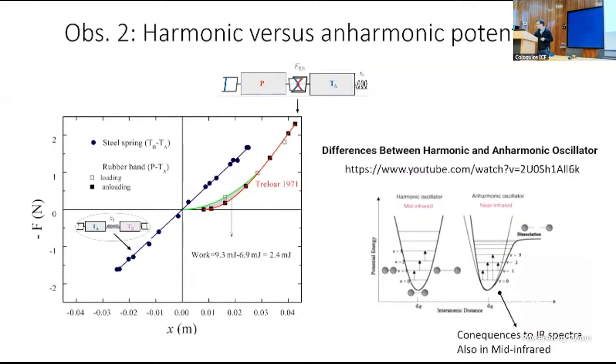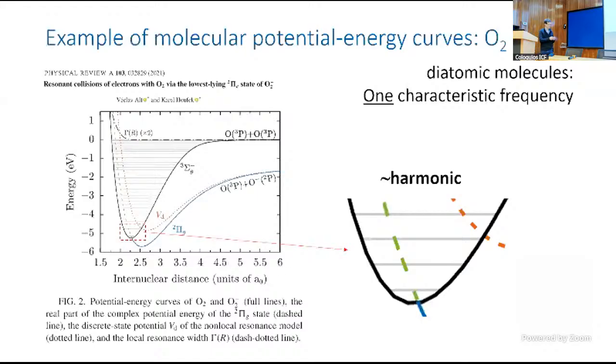So one real example is this one. These are potential energy curves for both O2 and O2 minus. These are calculated by these guys here. And you see, oh, the lines are not very clear, unfortunately. But on the zoom, they are harmonic.